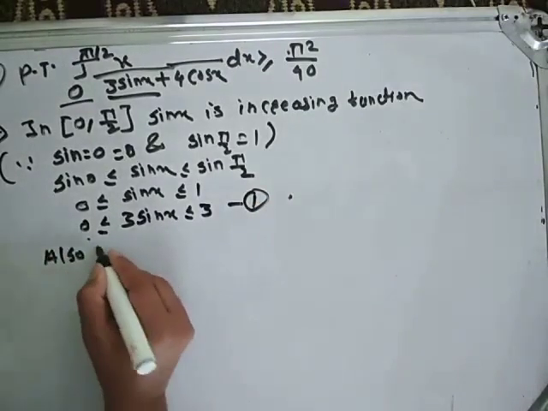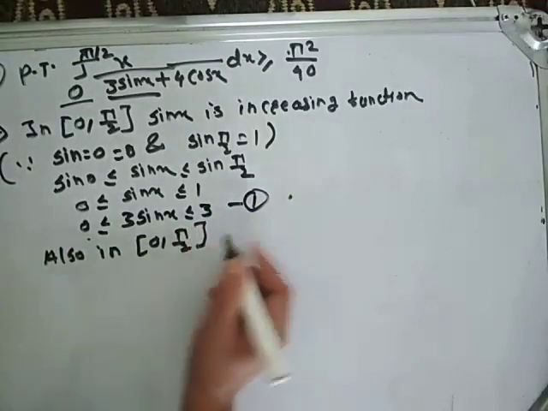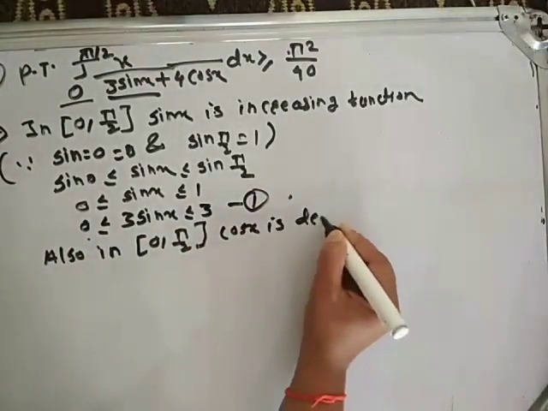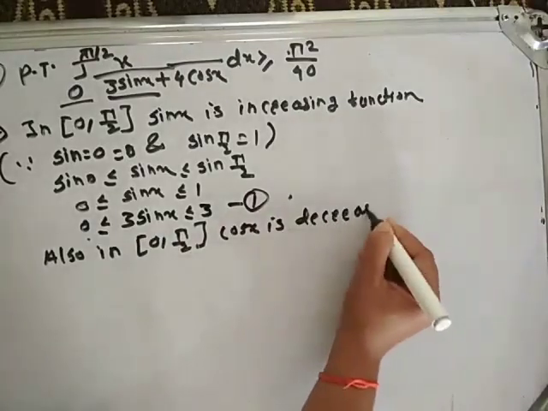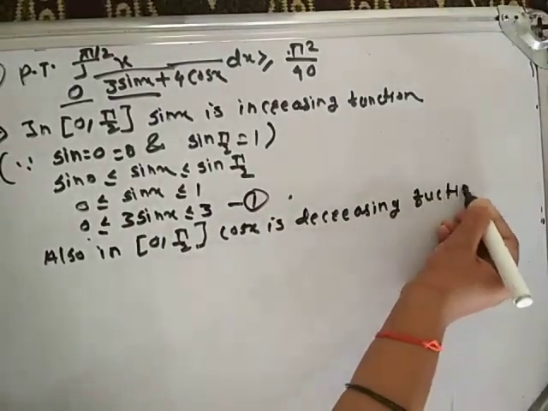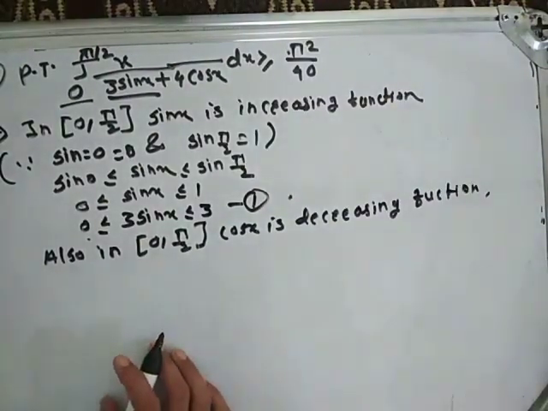Also in the closed interval 0 to pi by 2, cos x is a decreasing function. Why? Because cos 0 is 1 and cos pi by 2 is 0.